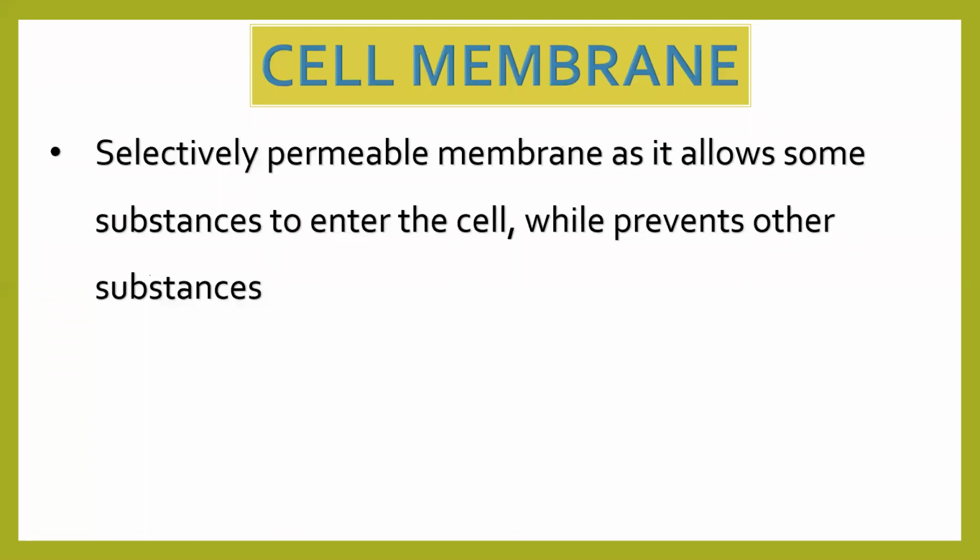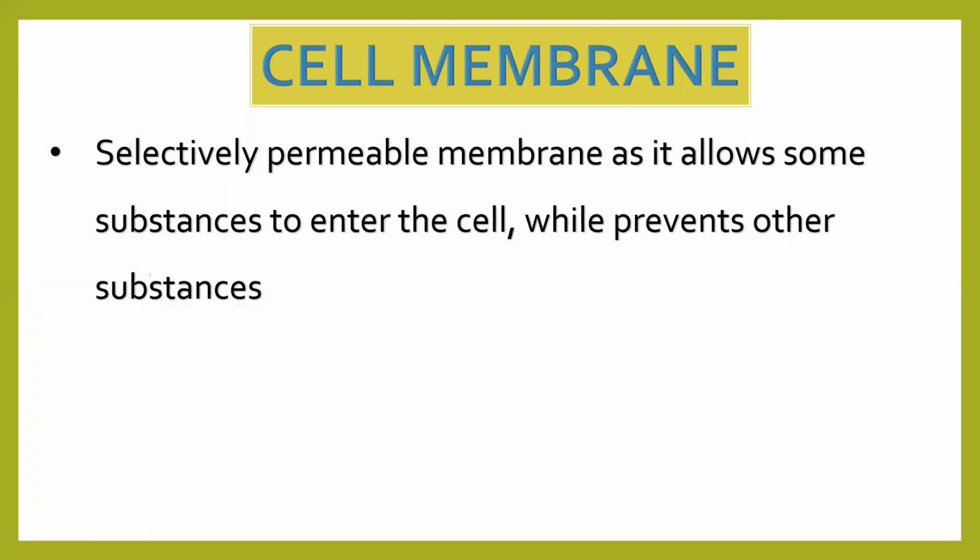So can I say they are selectively choosing the people who can enter the mall and who cannot? Yes, exactly. The membrane is going to work in the same way. It will only allow the molecules who are supposed to enter the cell, and it will restrict the entry of molecules which are not supposed to enter the cell.